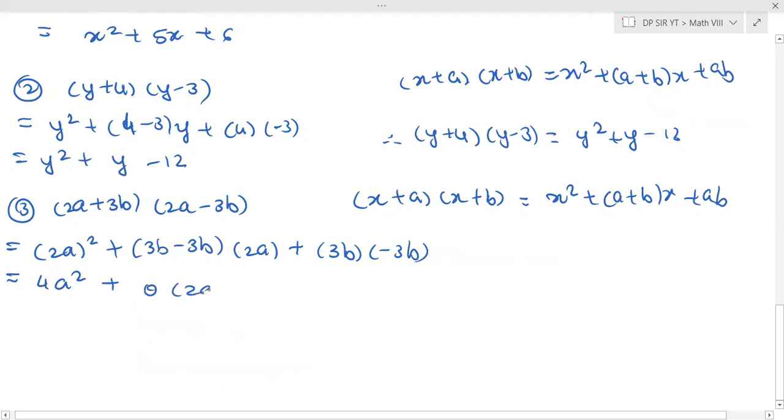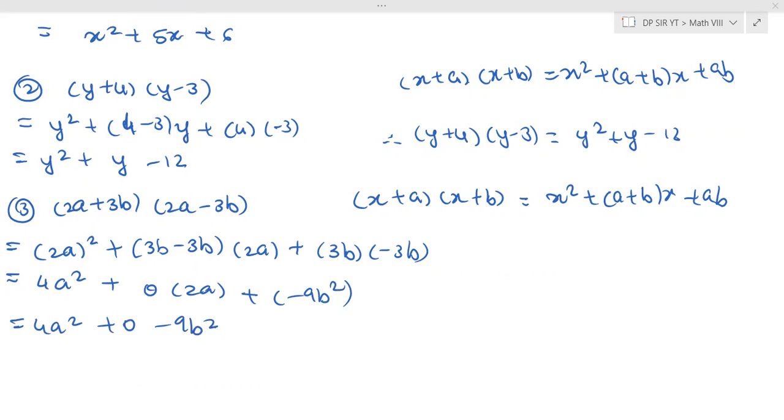So it's 0 into 2a plus what is 3 into minus 3, 3b into minus 3b. So here it's going to be minus 9b square. तो ये आ जाएगा 4a square plus 0 minus 9b square.